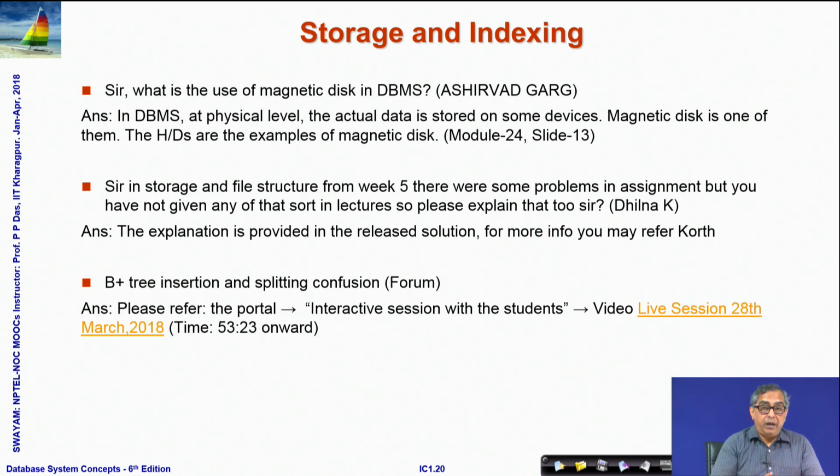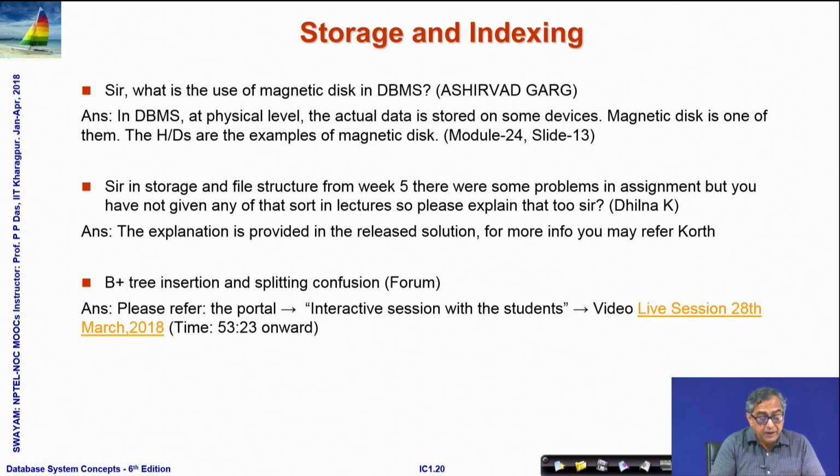So, even though some of the large semiconductor memories are coming up today, they still are quite expensive in terms of per bit cost. So, magnetic disk is one of the most widely used devices in which such large volumes of data can be stored.